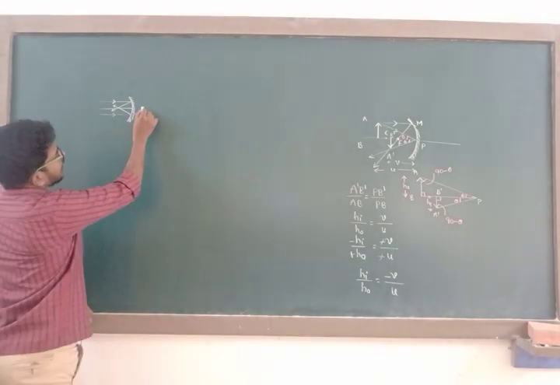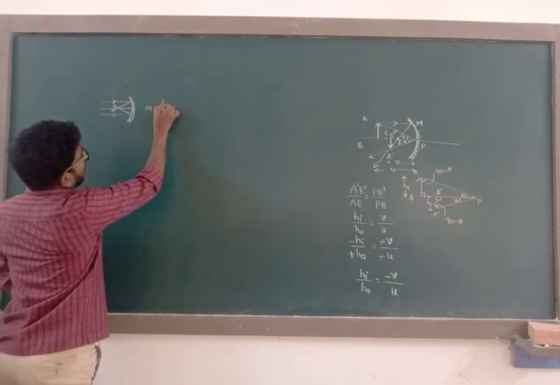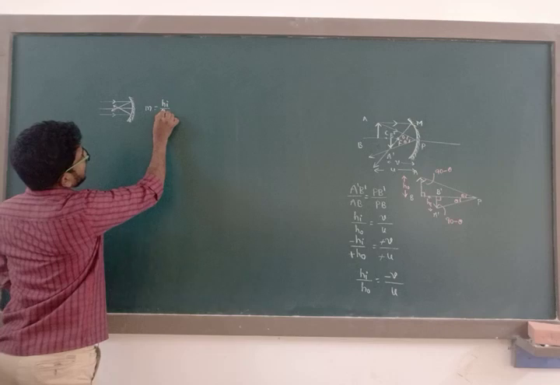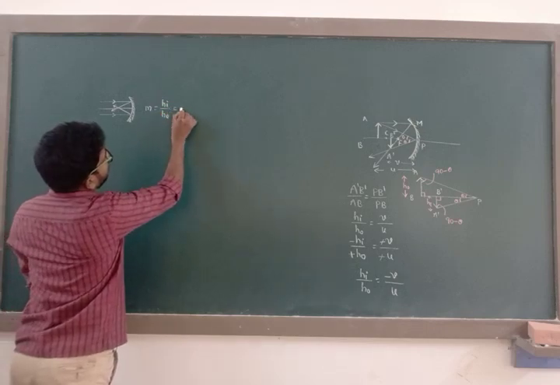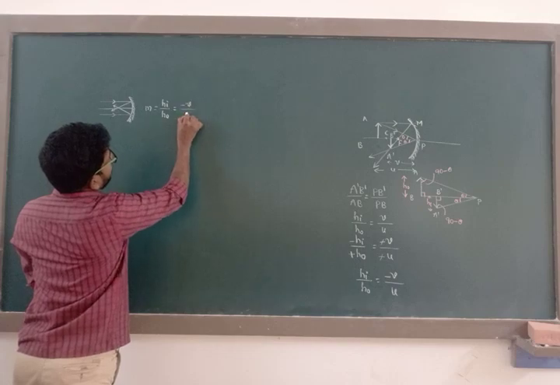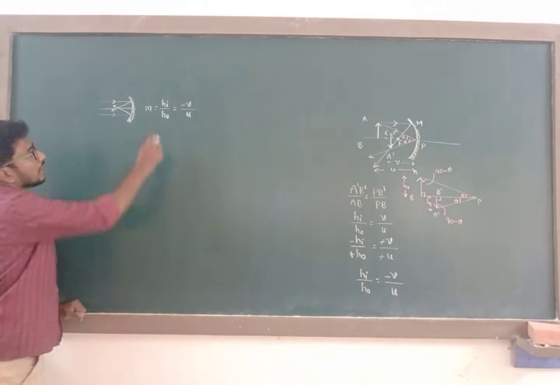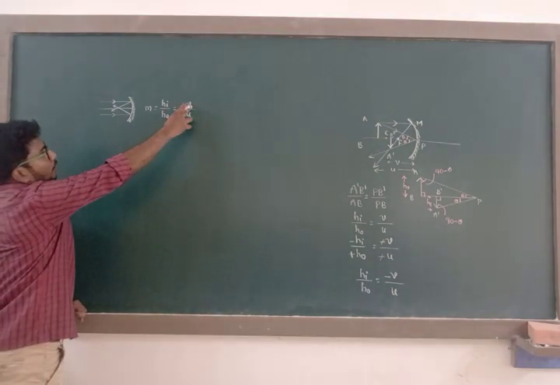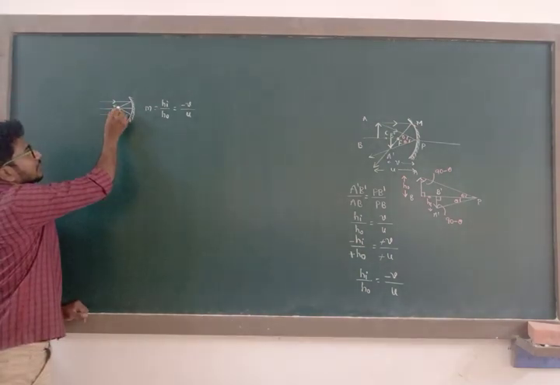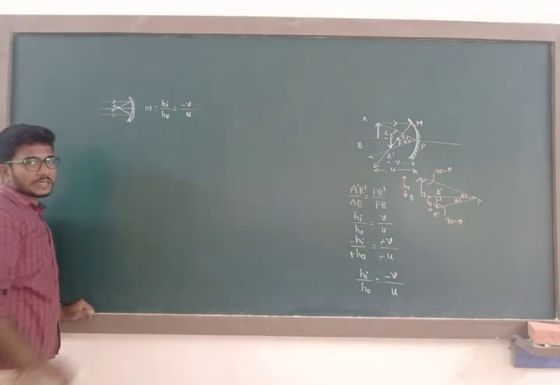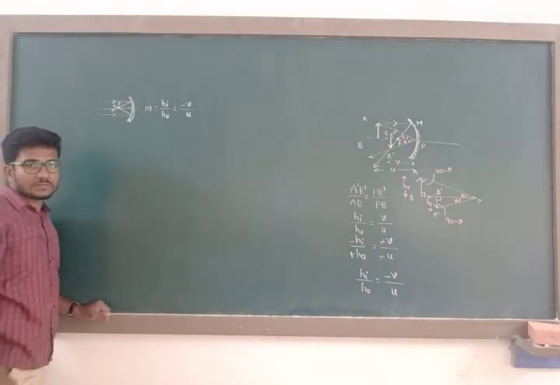Then linear magnification m is equal to height of the image divided by height of the object, which is equal to minus v divided by u. Here v is nothing but image distance. Here image distance is equal to focal length of this concave spherical mirror, because this point is the principal focus.